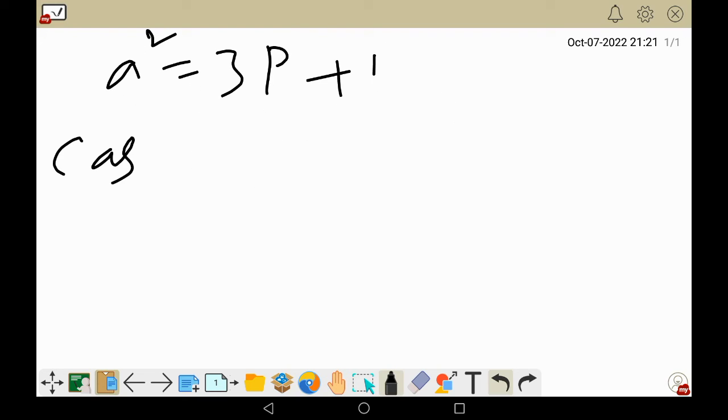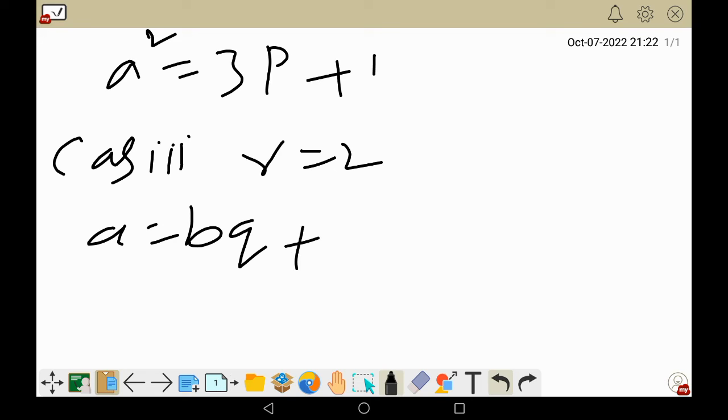Case 3, R is equal to 2. We know the division lemma equation: A is equal to BQ plus R. The value of B is 3.